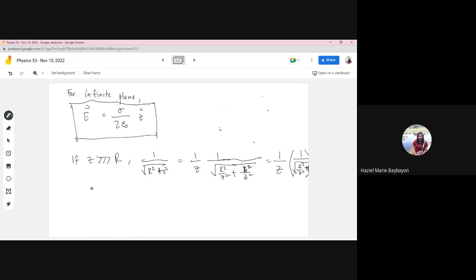Ang imong 1 over the square root of r squared plus z squared is equal to 1 over z, and then you have r squared over z squared plus 1 raised to the power of minus 1 half. So ibalhin lang ni siya nato sa numerator. That is why you have here a power of minus 1 half. Okay, so we can do binomial series expansion.